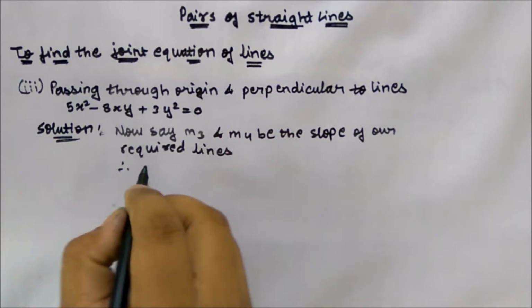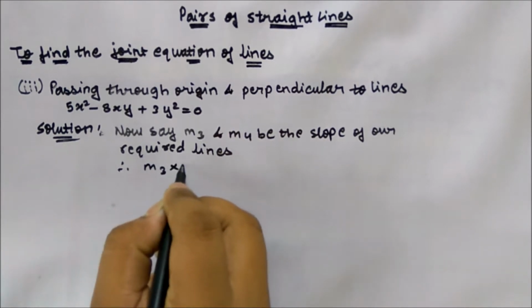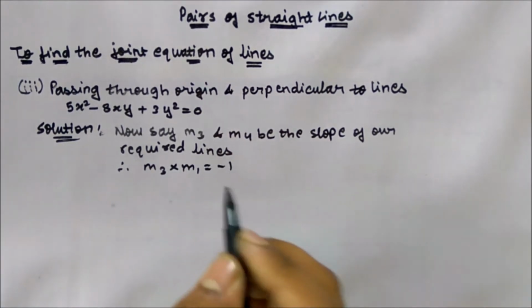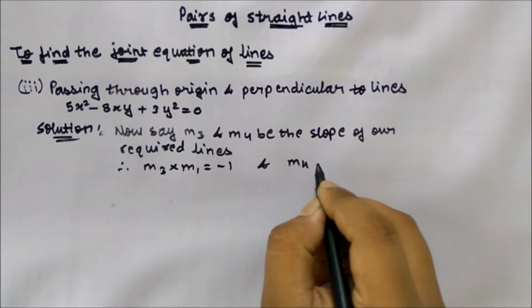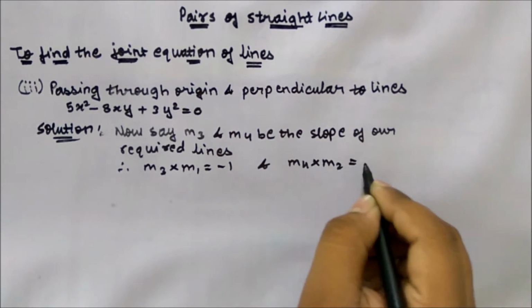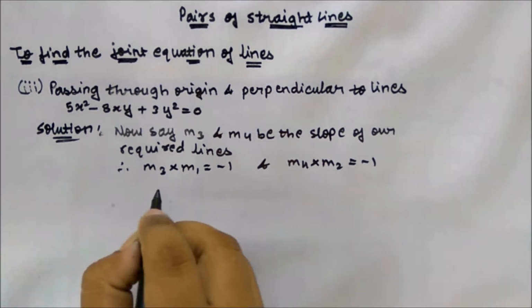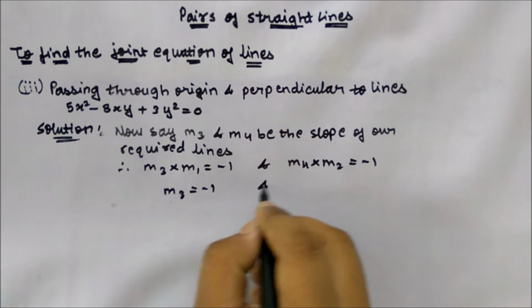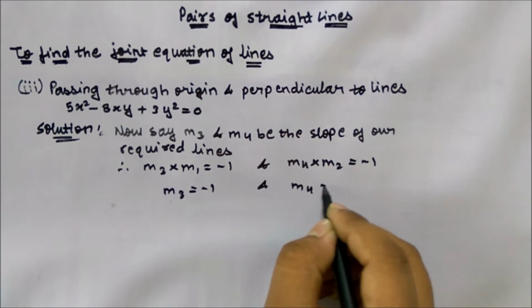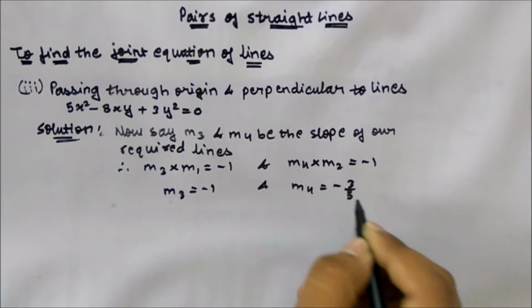Therefore, m3 into m1 equal to minus 1 as the lines are perpendicular, and m4 into m2 equal to minus 1. On solving, we get m3 equal to minus 1 and m4 equal to minus 3 by 5.